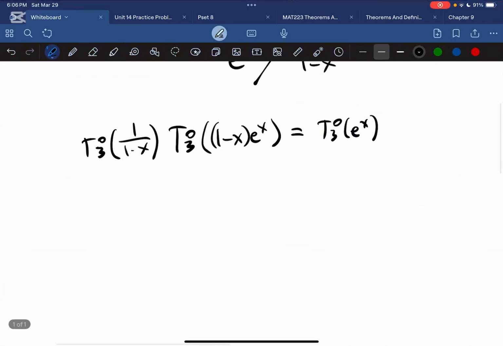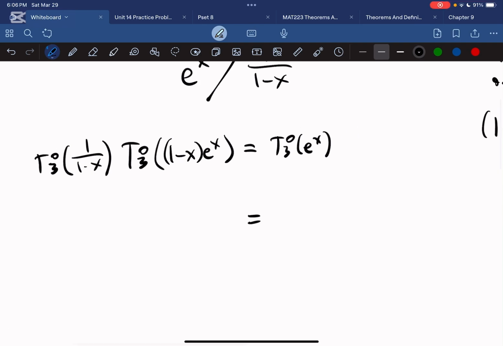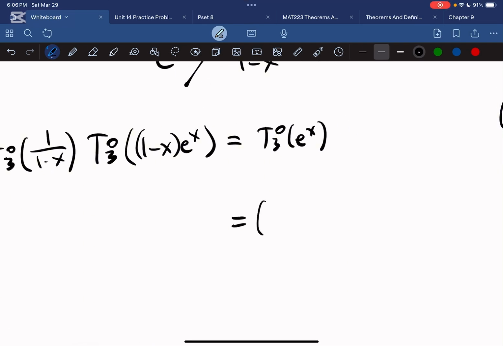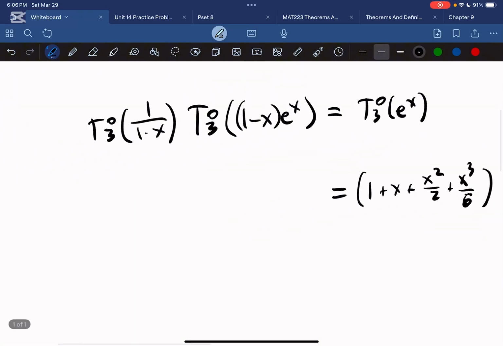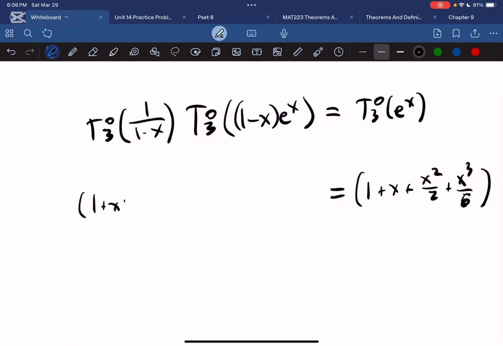And note that these are just this one, where we know we can write as 1 plus x plus x squared over 2 plus x cubed over 6. And on the left is just 1 plus x plus x squared plus x cubed, right? And here we have a0 plus a1x plus a2x squared plus a3x cubed.